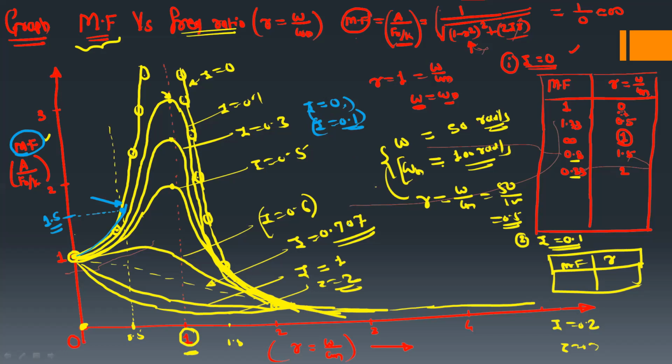So from this graph, there are some characteristics. You note down these characteristics by observing this graph.